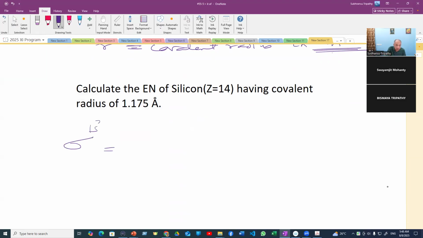For sigma, 1s2, 2s2, 2p6, 3s2, 3p2, carbon family.